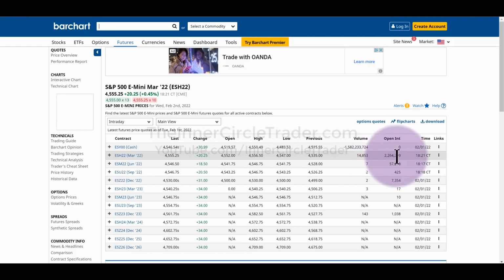So this is the larger liquidity base contract month. So I'm going to be trading this month. If it becomes a matter of this month here has larger open interest than this one here, then I'm going to be trading the next month out because I want the liquidity that's available in the larger pool of liquidity offered by the most traded contract month. Okay, so hopefully that answered that question. Got a lot of questions regarding that.